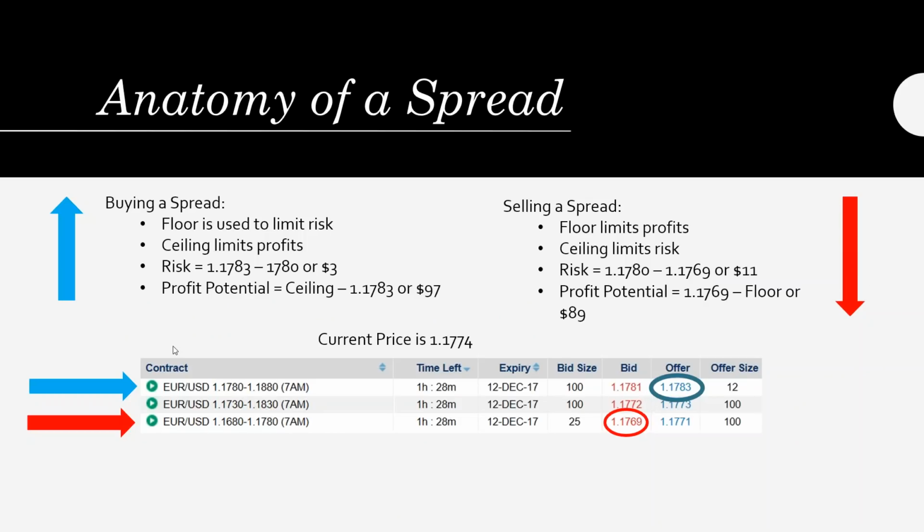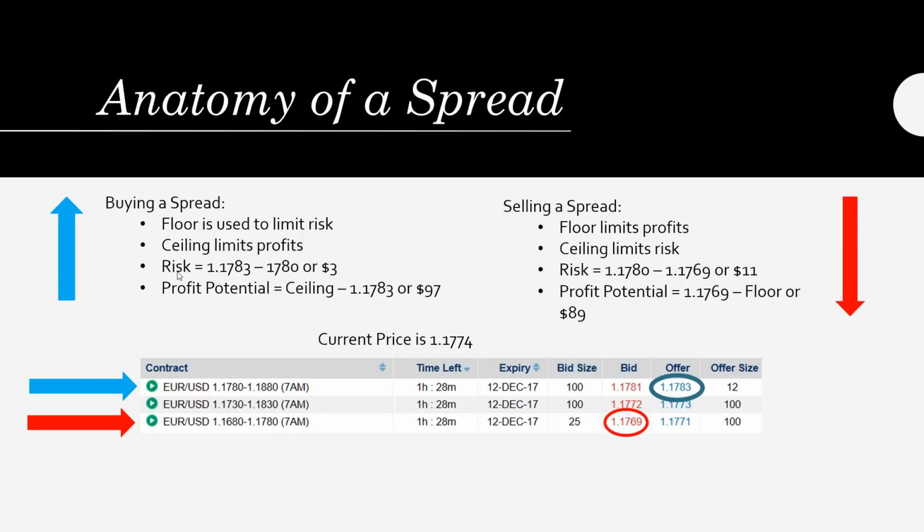Now, again, this is just kind of a repeat of what we just said. If you are buying a spread, the floor, which is the number on the left-hand side, is used to limit your risk. The ceiling limits your profit. Remember, that is on the right-hand side.